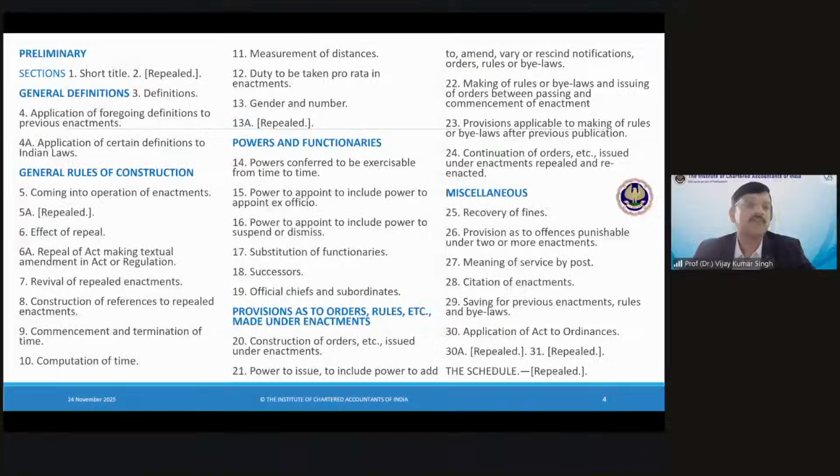Okay, so you are able to see the slide. We have covered till 7 or 8. Now we will be talking about the remaining sections tomorrow, day after tomorrow, and we'll talk about them in detail. Some more examples we will have.